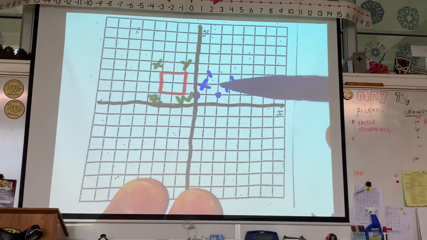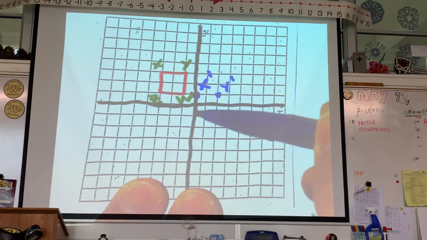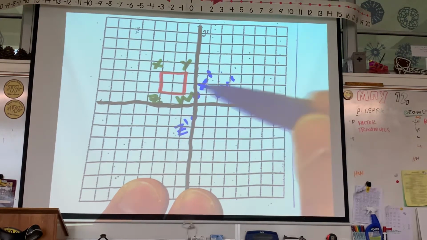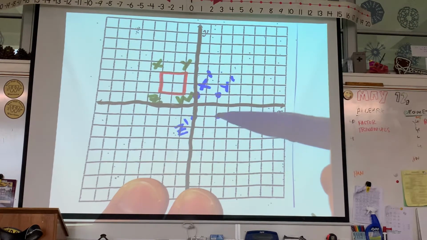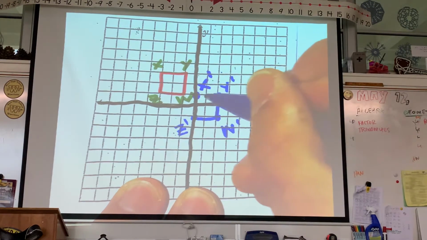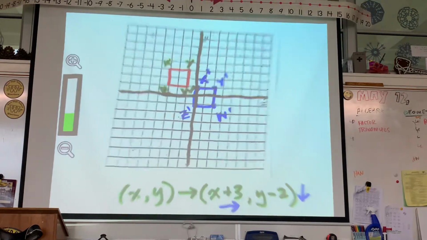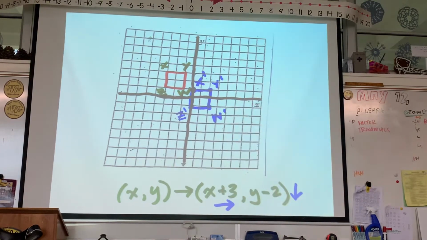There's my Y prime. For the Z, 1, 2, 3, down 1, down 2. There's my Z prime. And for the W, right 1, right 2, right 3, down 1, down 2. There is my W prime. There it is. I just took the whole figure and moved it right 3 and down 2.